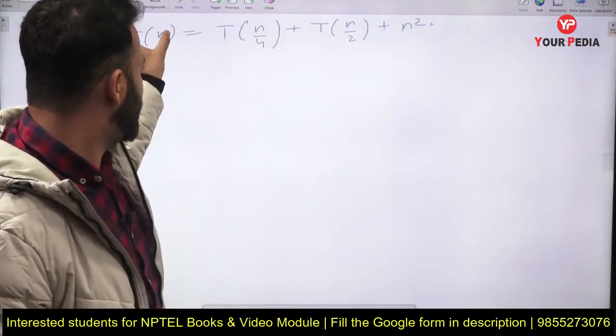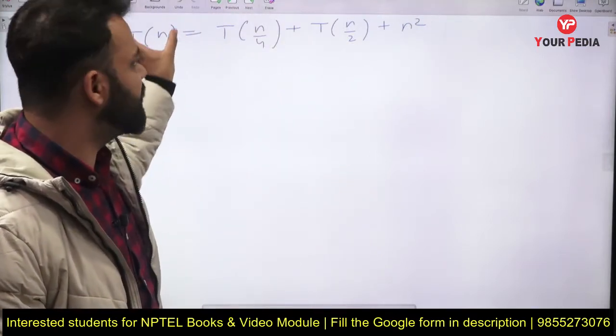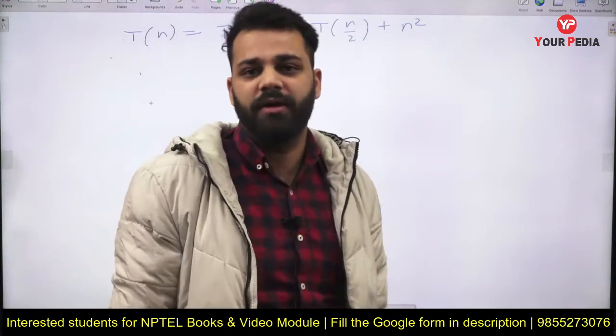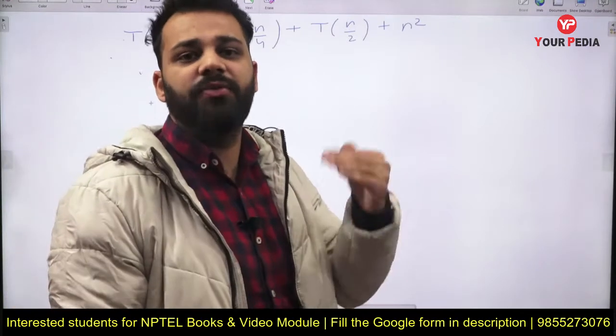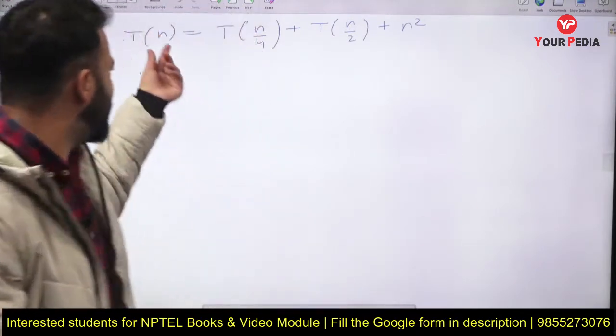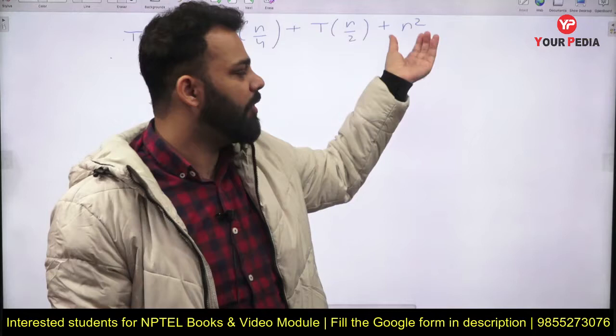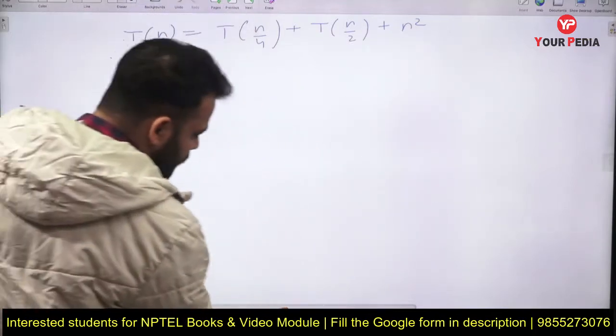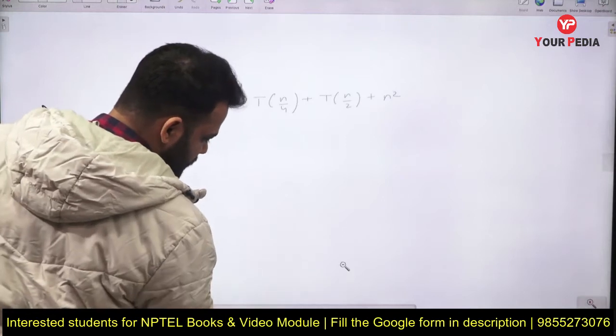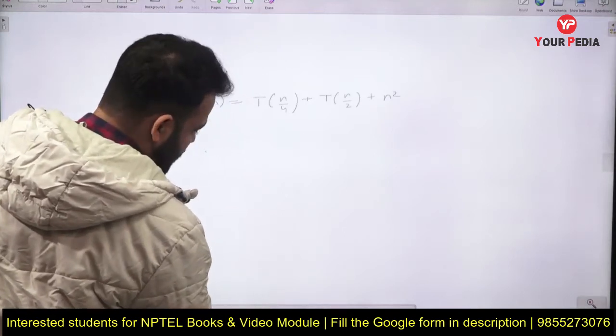Like when you distribute T(n), the remainder is n square. If you distribute T(n by 4), the remainder will be n square by 4 square. So whatever you are distributing, the square power of that element will be present there. So let's try to do this using the recursive tree method.